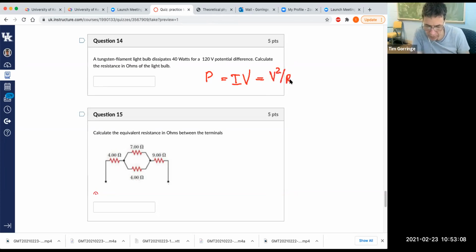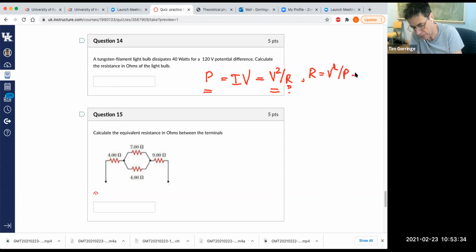Now, if we look at that equation, it contains the power, something we know, 40 watts. It contains the voltage, something we know, 120 volts. And it contains the resistance, the item that we want. And so I just rearranged it, so that the resistance of the tungsten filament is equal to the square of the voltage across the filament divided by the power.